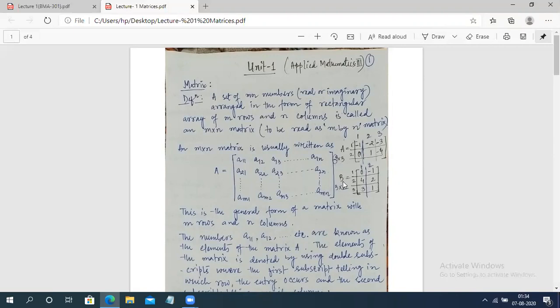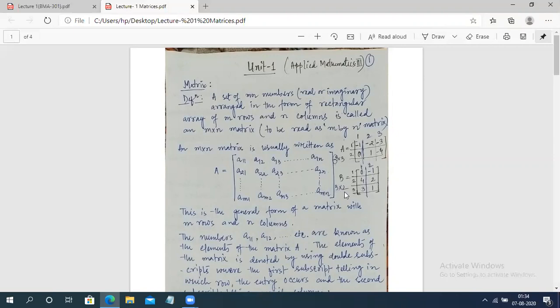Similarly, if B is a matrix of order 3 by 2, it means it has 3 rows and 2 columns. 3 rows, that means this is the first row, second row, third row, and 2 columns, this is the first column and this is the second column. So B is a matrix of order 3 by 2, where 3 denotes the number of rows and 2 denotes the number of columns.